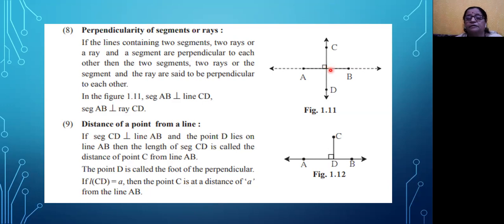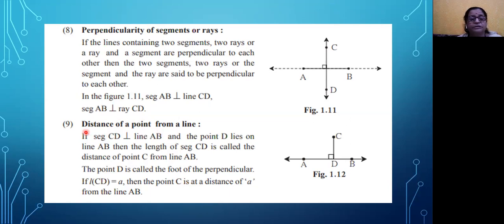From point D to C, you get the distance from AB. We write segment AB perpendicular to line CD, or segment AB perpendicular to ray CD, since it may be a segment or a ray.